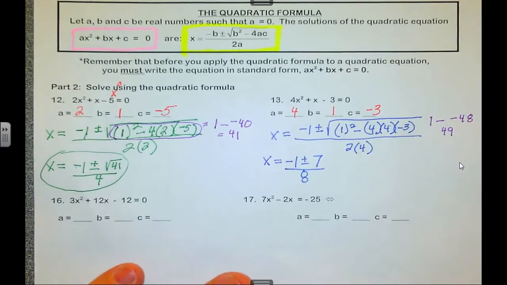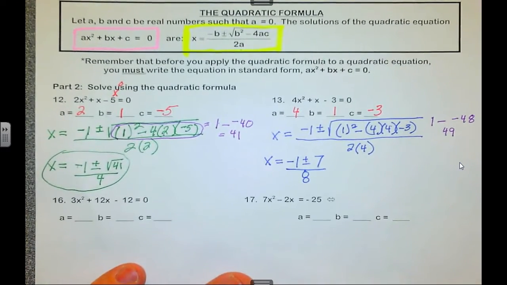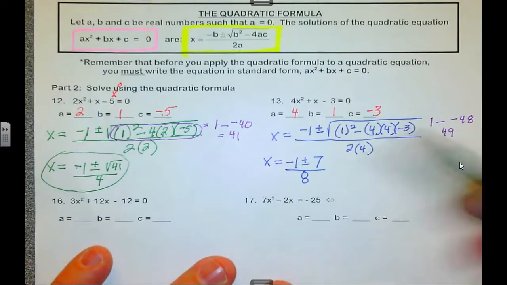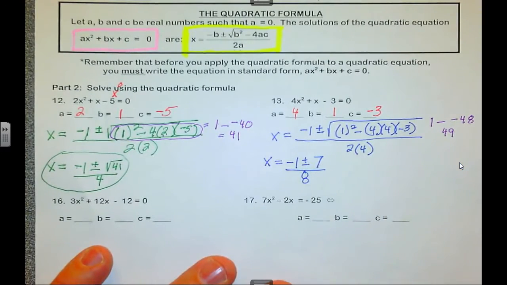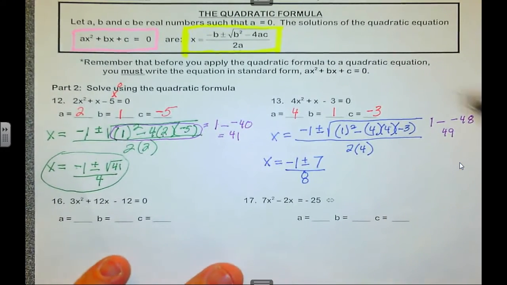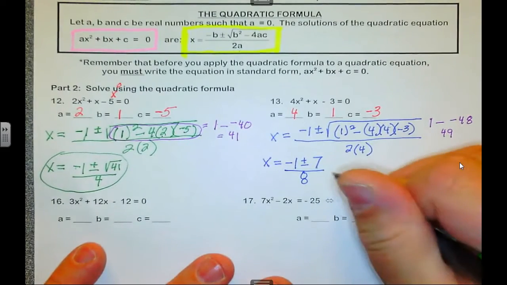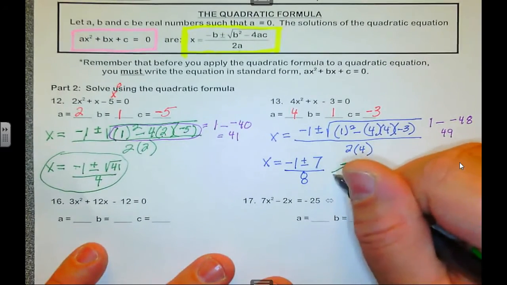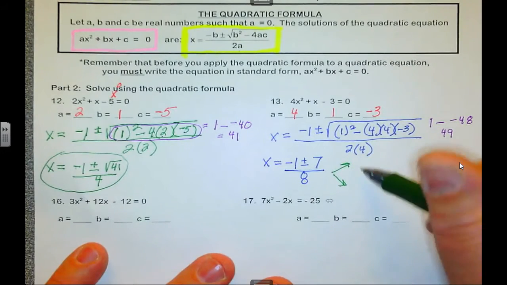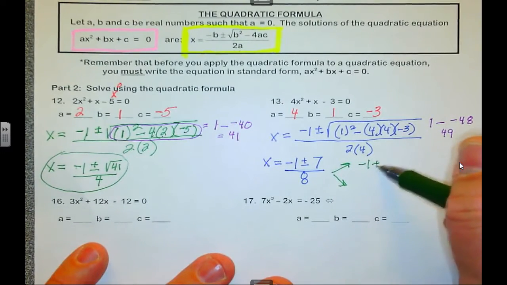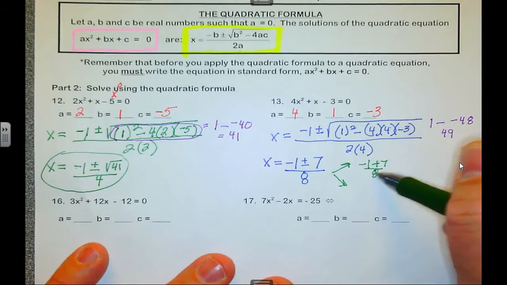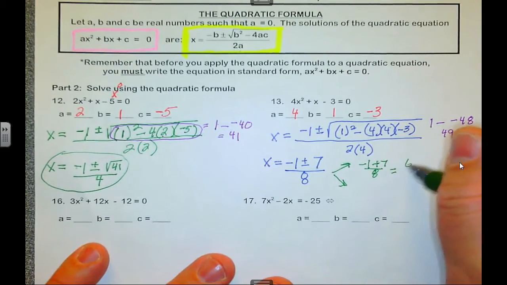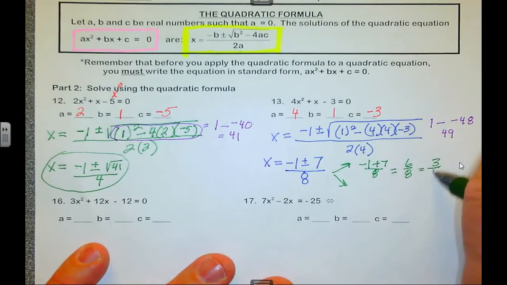Now remember, I'm getting 2 answers here. This plus or minus gives me 2 answers. Since I have a real number here, I need to give those 2 answers. So I have negative 1 plus 7 divided by 8, which is 6/8, which can be reduced to 3/4.